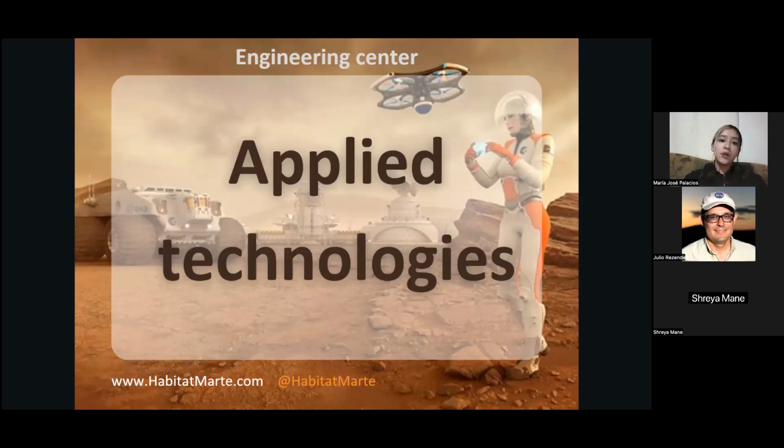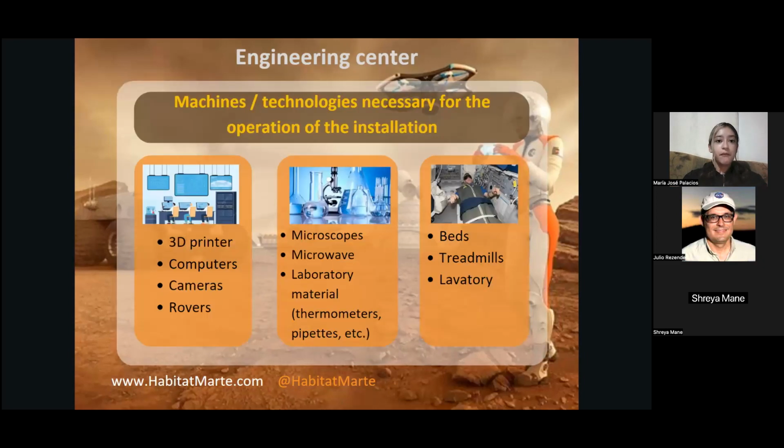Now we're going to talk about applied technologies. First, we have the machines or technologies necessary for the operation of the installation. I divided it on the 3 floors. In the first floor, we need the 3D printer, computers, cameras, and rovers for the exterior.